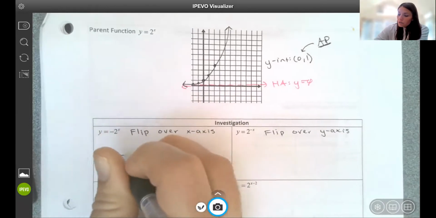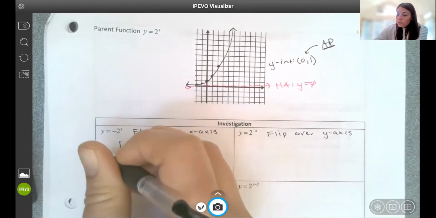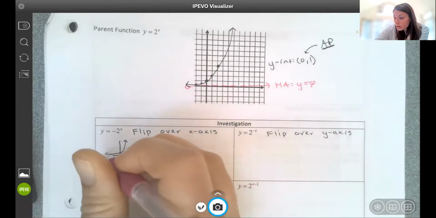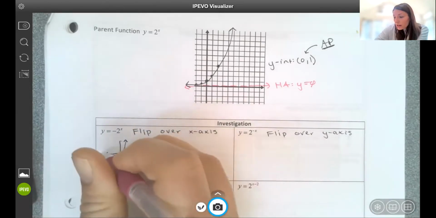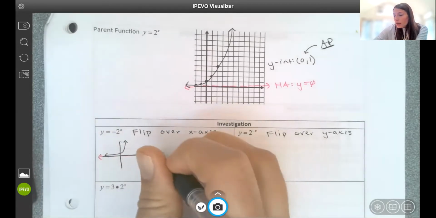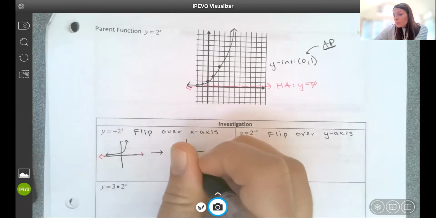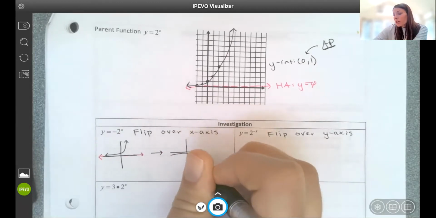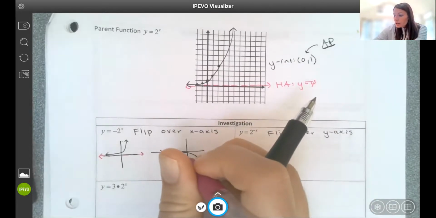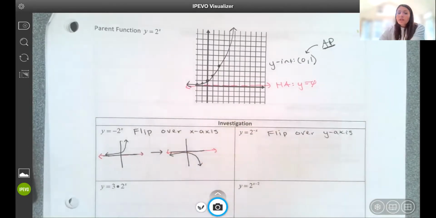And so I'm going to draw a quick little visual of what we observed. This growth function started like this, approaching that horizontal asymptote. When I added that negative out front, my graph became this, flipped over the x-axis. Still approaching zero, but approaching zero from the other side.